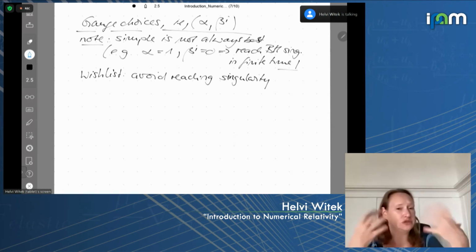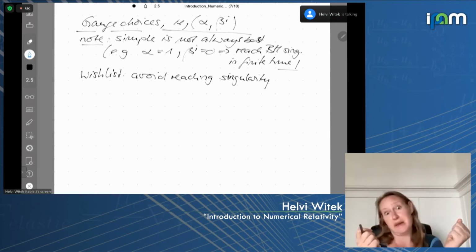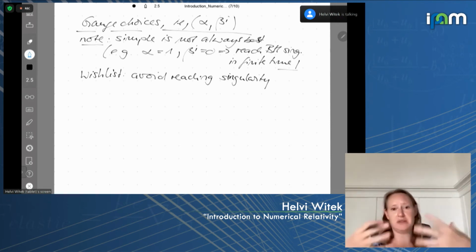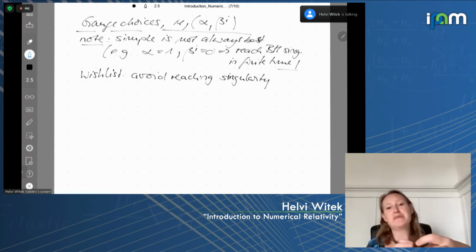And it's very doable. That's essentially what the SpEC collaboration uses. I believe that's also what Franz uses, or has been using at least in the past. However, if you want to evolve a binary, it becomes quite cumbersome to follow this excision, to follow the motion of the black holes and always have the excision at the right place with the right boundary conditions.